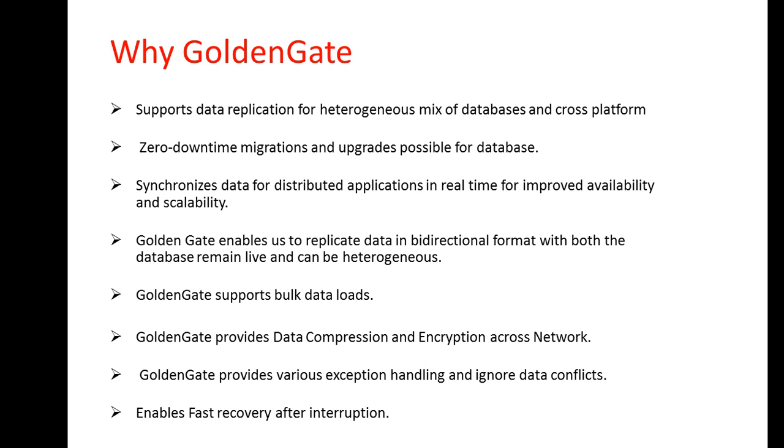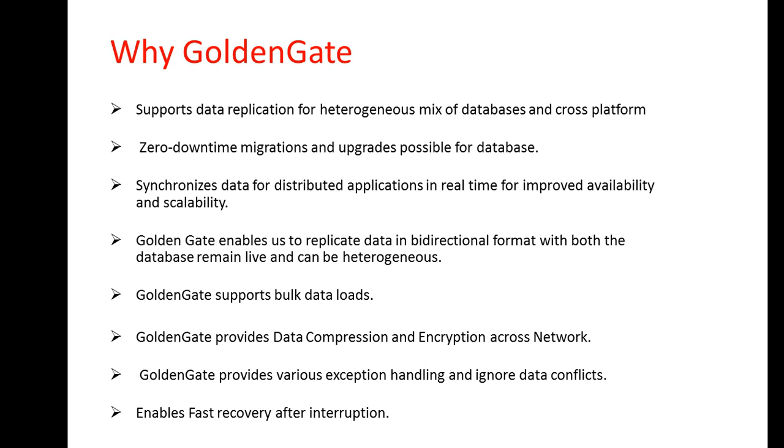Now the third point, which is also very important, is compression and encryption, right? Because it's a replication tool, data is getting replicated from A to B. During that time, when it is replicating from A to B, in the network through which the data is transmitted, there is definitely a risk of the data being hacked.